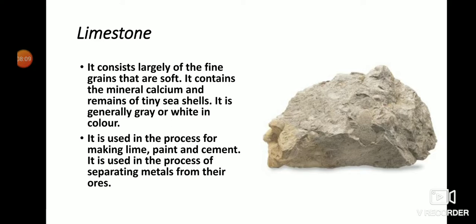Here, ores are the metallic minerals from which metals are extracted, and in this process limestone is used. So it is one of the soft stones. If you go to Odisha, the hills named Udaygiri and Khandagiri are made of limestone.